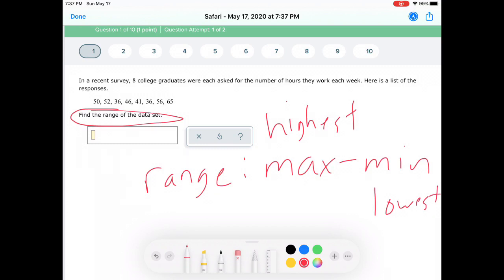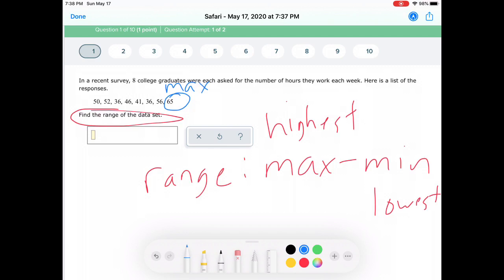So when we look at this data set, 50, 52, 36, 46, 41, 36, 56, and 65, which is talking about college graduates and the number of hours that they work each week, what we're going to do is identify the highest number, or the maximum, which is the very last one. So there's our max. And then our minimum, I'm looking through here and I see 36.